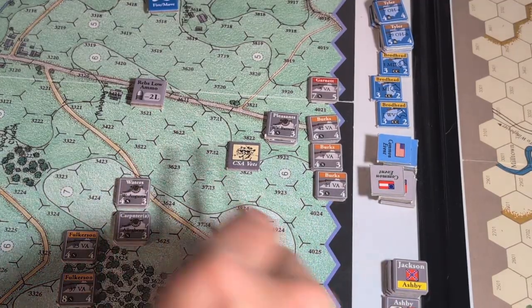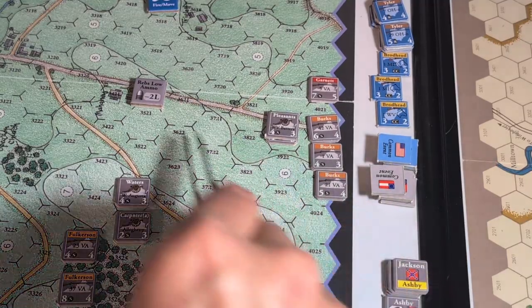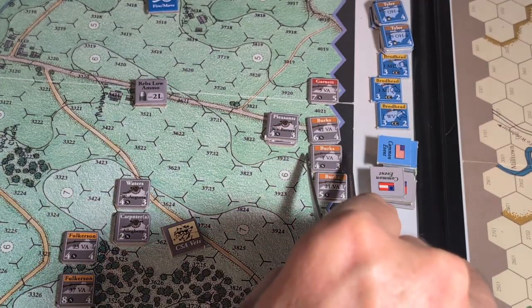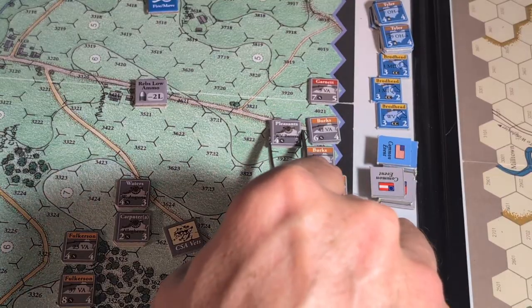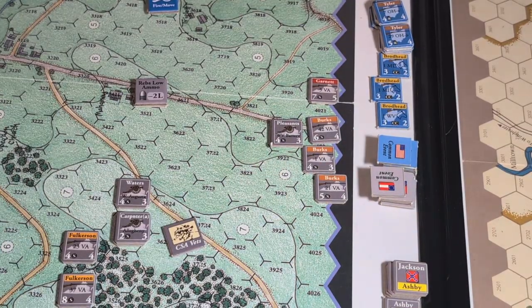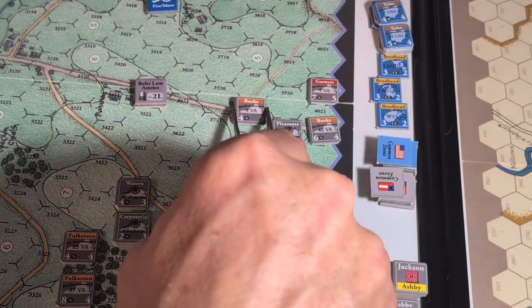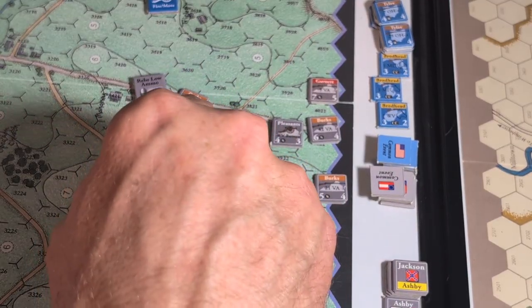So they want to move up here to give support for this unit. So six, he can move through that hex. 1, 2, 3, 4, 5, and then 6.